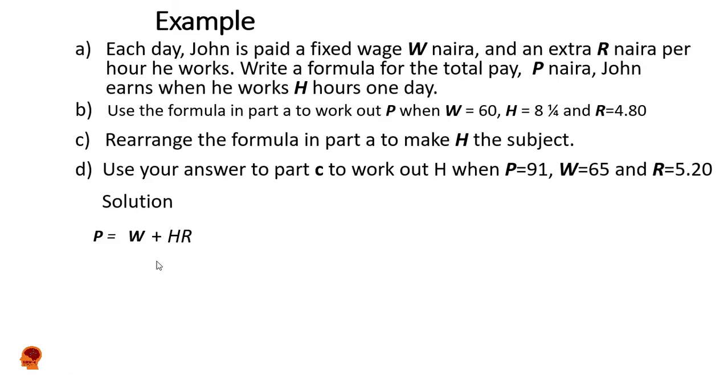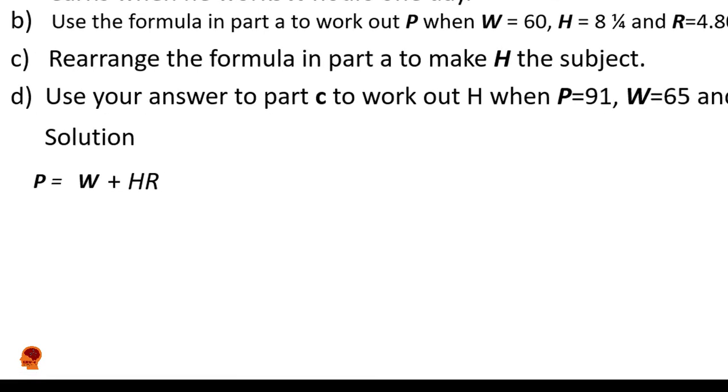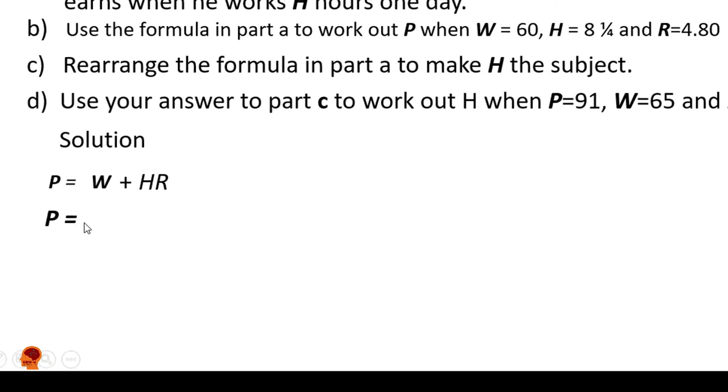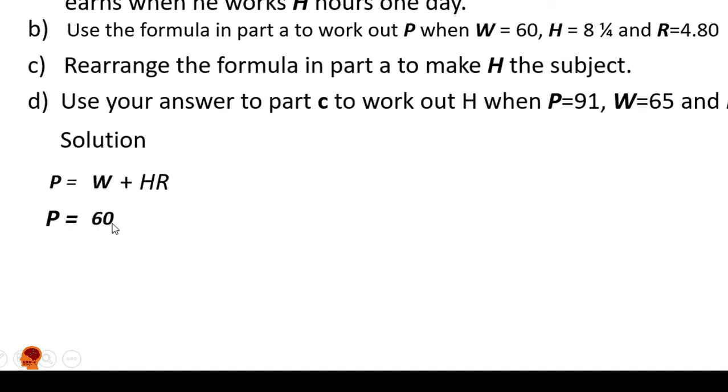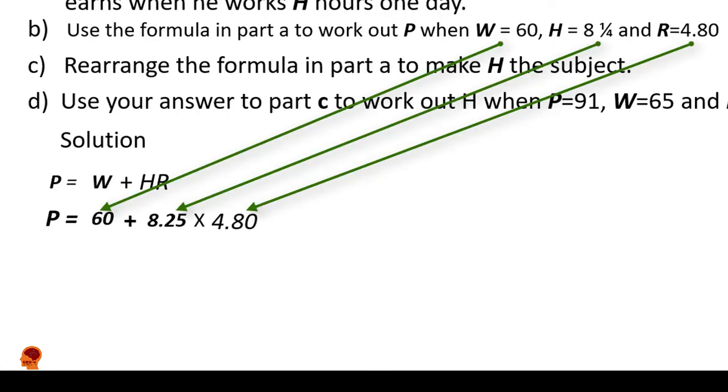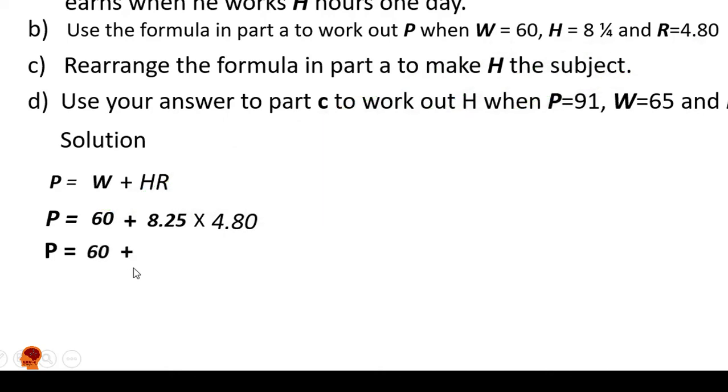The whole stuff here is calculated in naira. Okay, do not forget. All right, so now P equals W, which is 60, plus 8 1/4, that's 8.25, times 4.80, and then we have P, that's the pay, equals 60 plus 39.6.